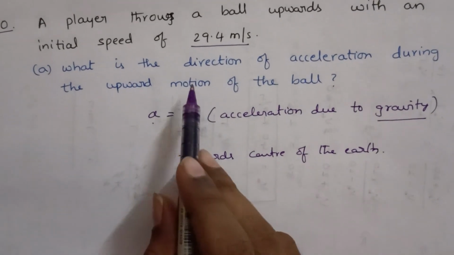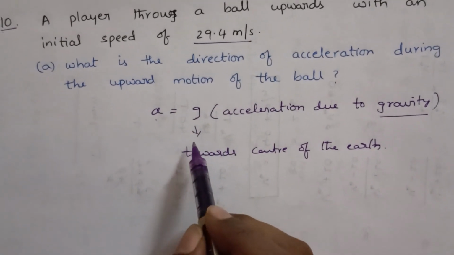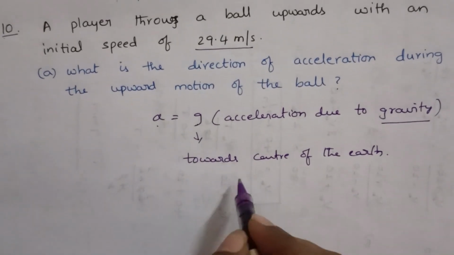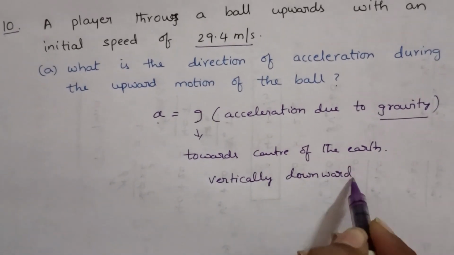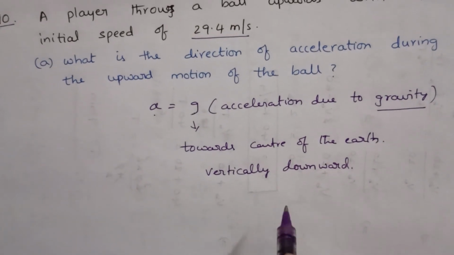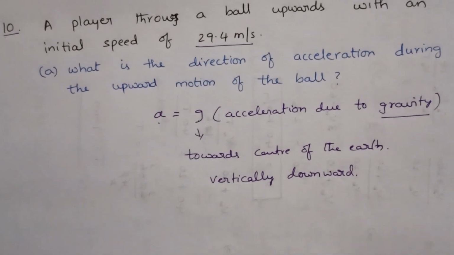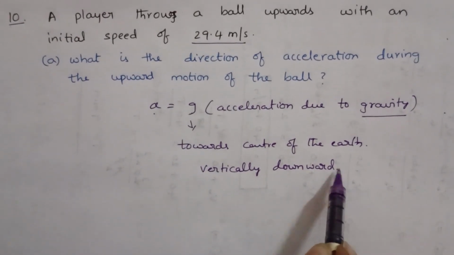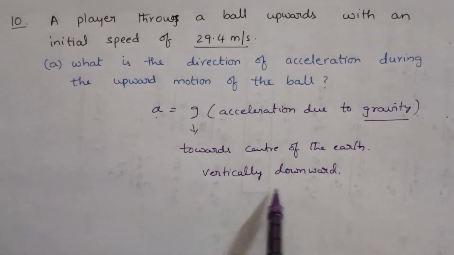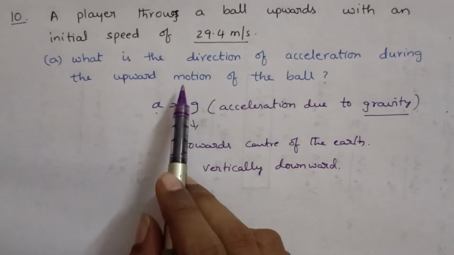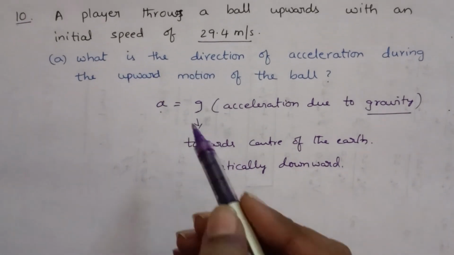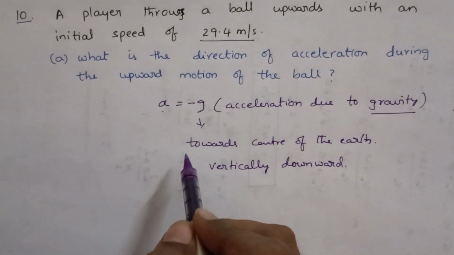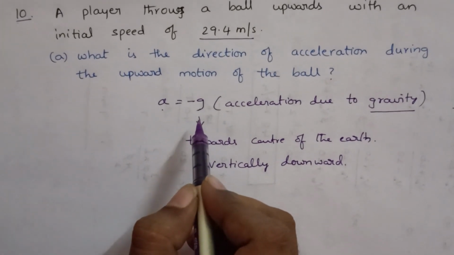Now what is the direction he asked? It is always the vertically downward direction. The g value is vertically downward. If the ball is going upward, we should take minus, because negative indicates the opposite direction.